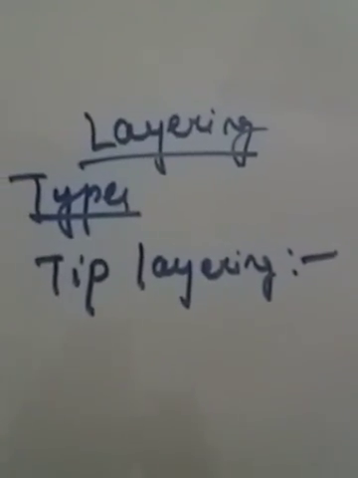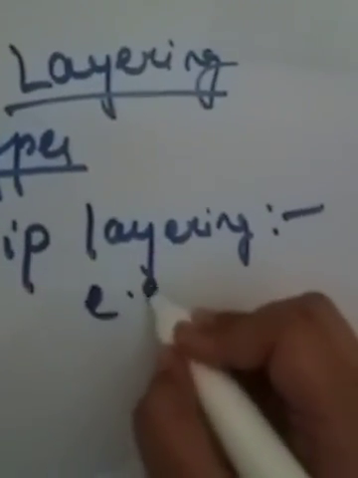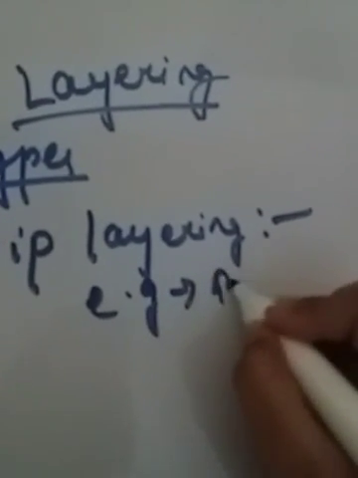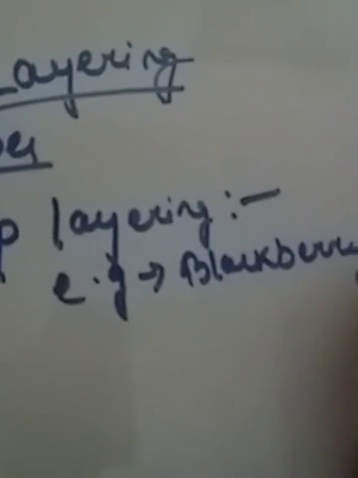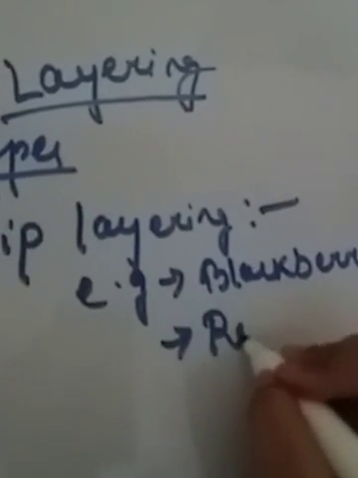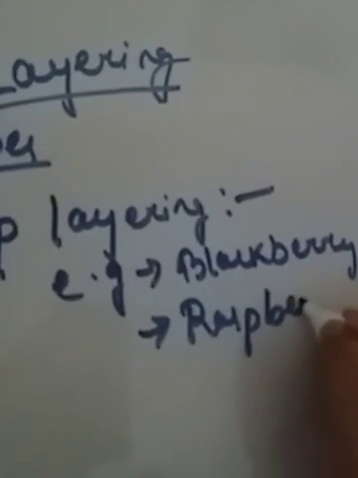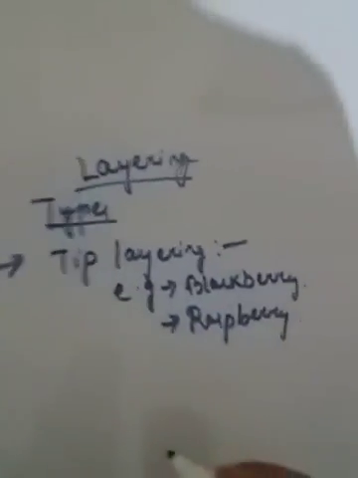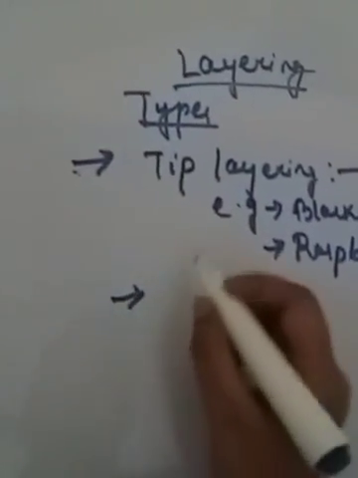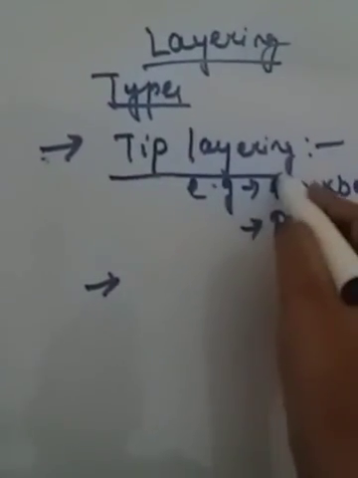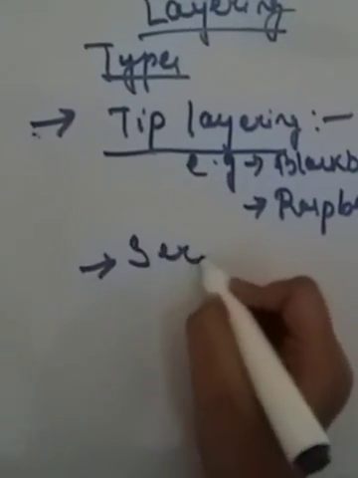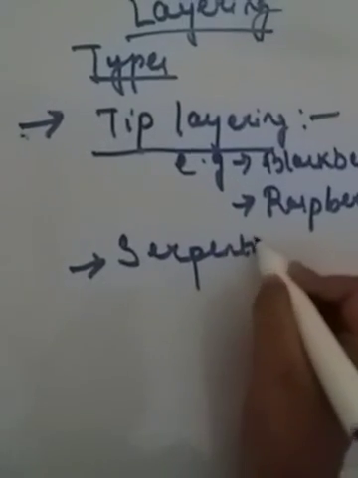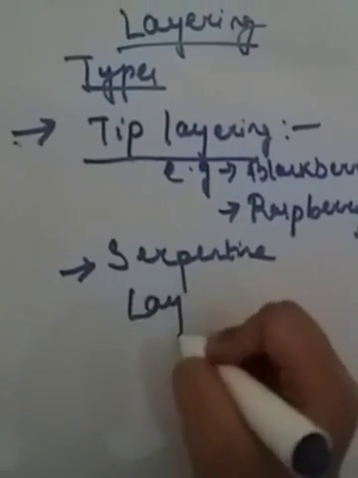Tip layering. The examples are blackberry and raspberry. This tip layering is also called simple layering, remember it. Then compound layering is also known as serpentine layering.